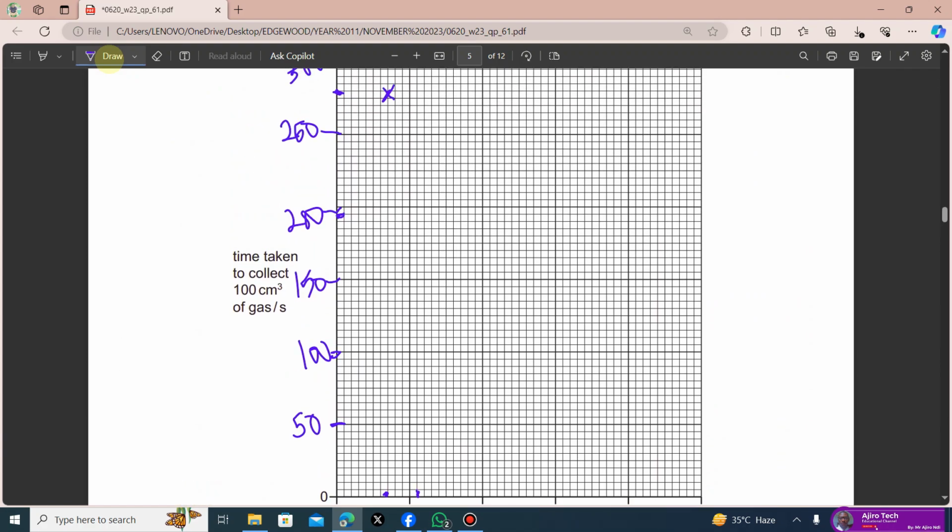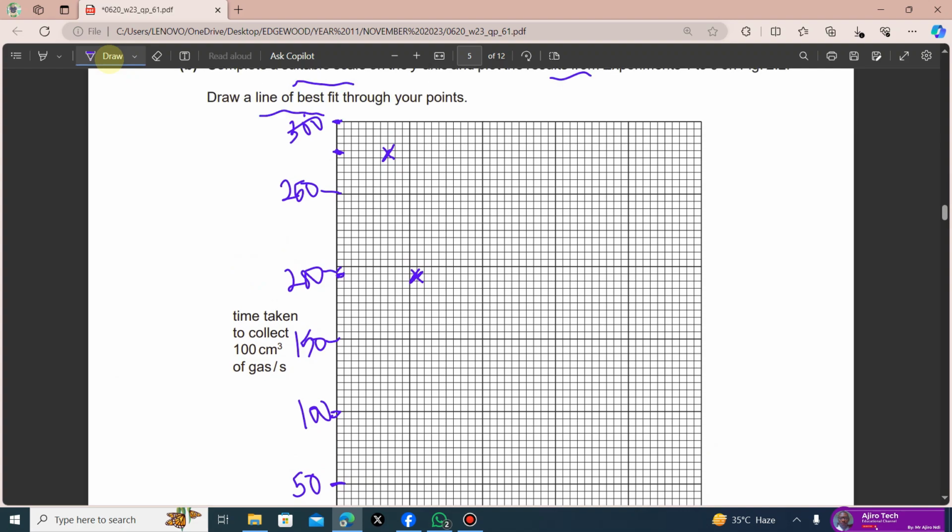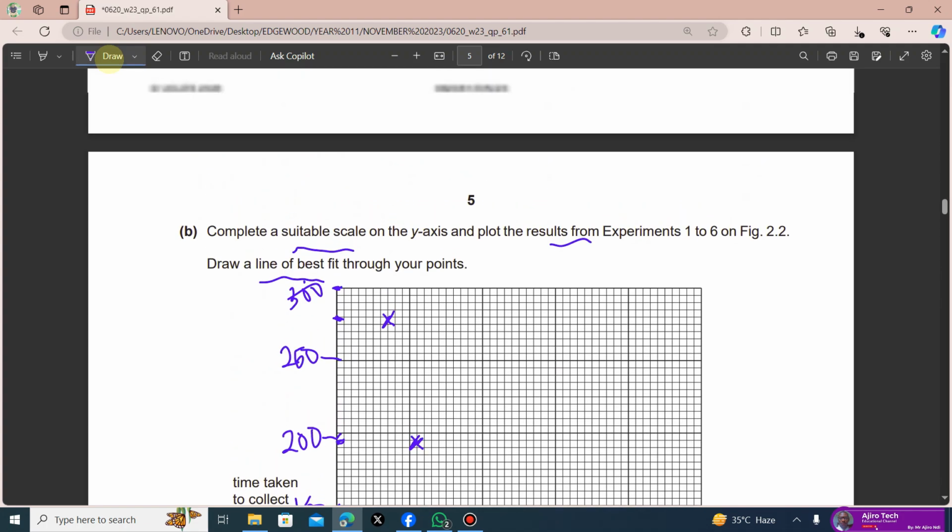So we trace it again, and we'd have something like this. Please bear with me with the way I'm plotting this. Let's write this well so that it's not confusing. This is 200. So 195 is somewhere around there. So we'll move again to the next reading.